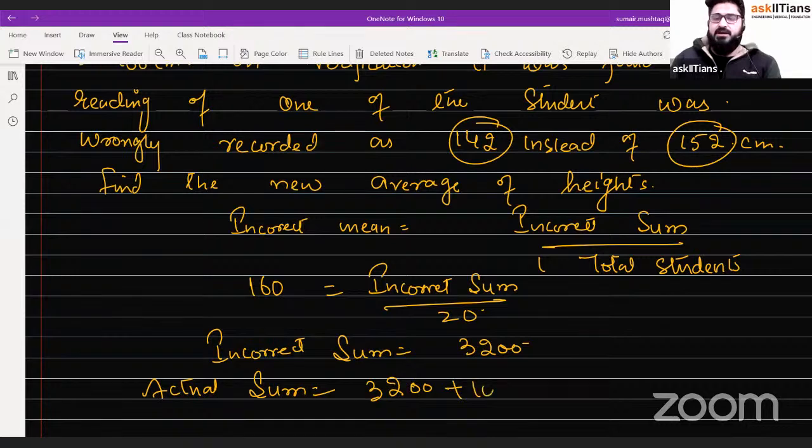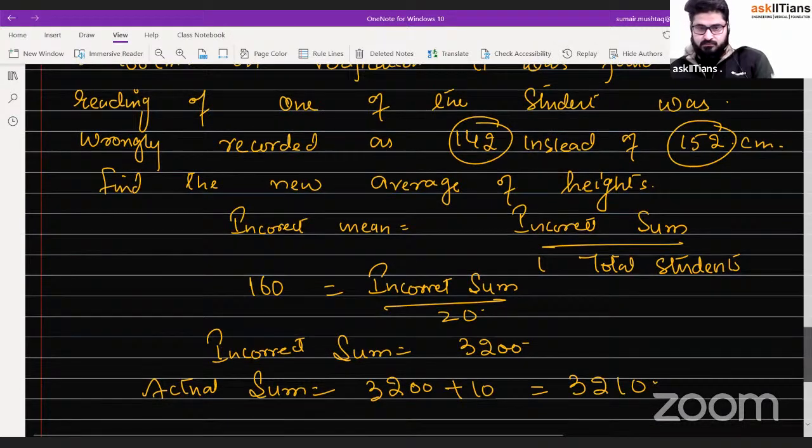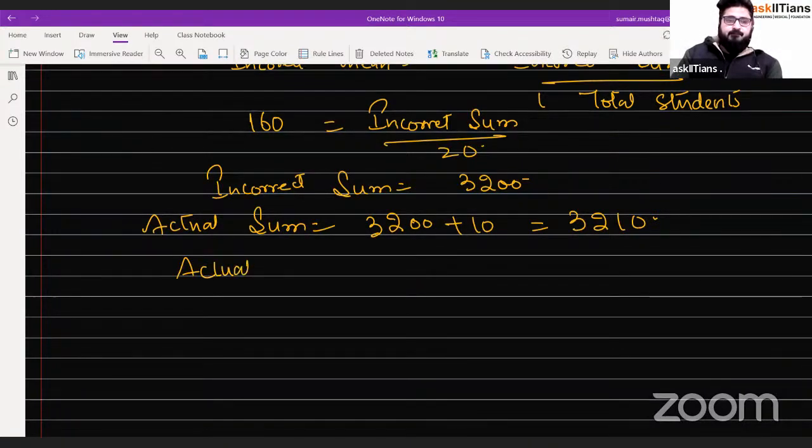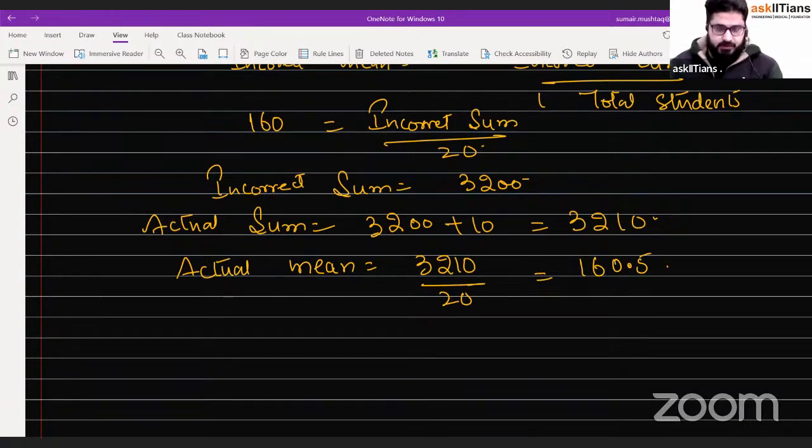That means I need to add 10. That is 3,210. So what is the actual mean? That is 3,210 divided by 20, which is 160.5. Okay. Any confusion?